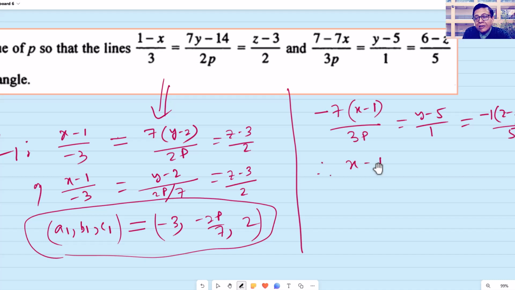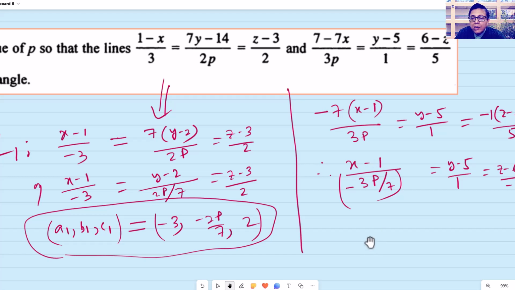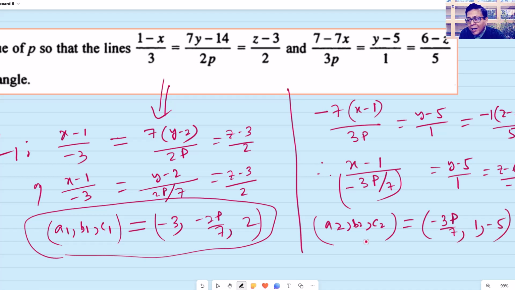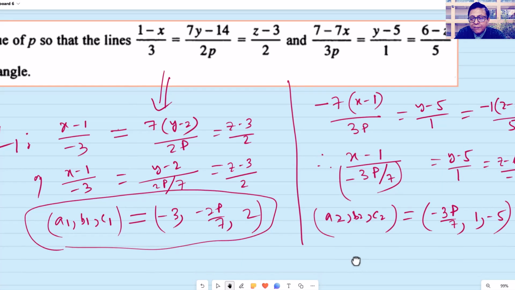Therefore, x minus 1 divided by 7, y minus 5 by 1. Now, for the second line, those A2, B2, C2 are known: -3p by 7, 1 and -5. Clear?